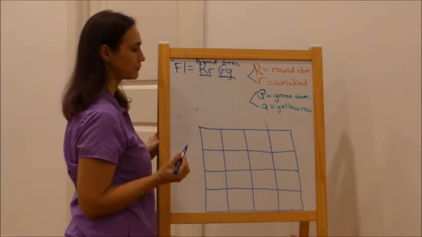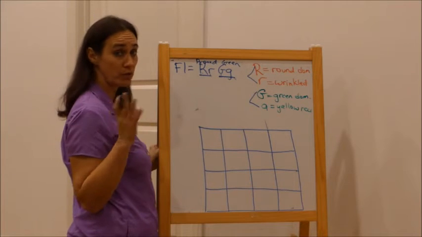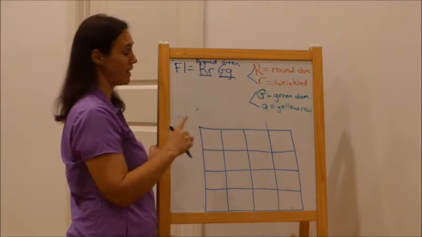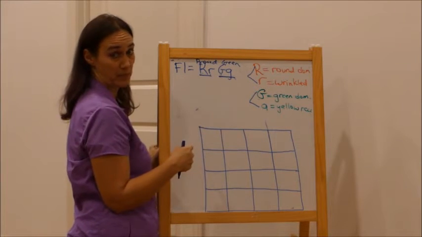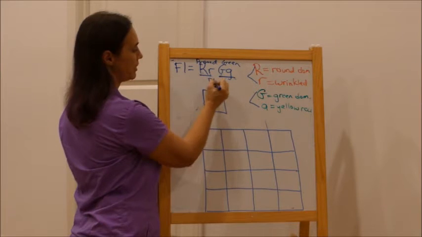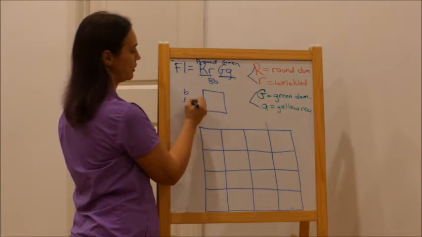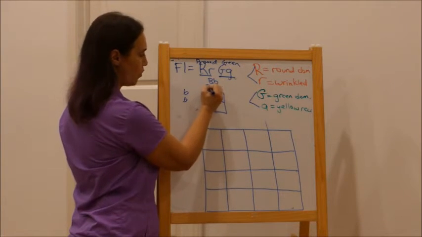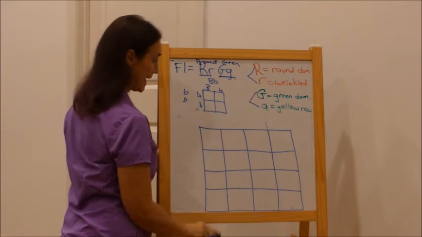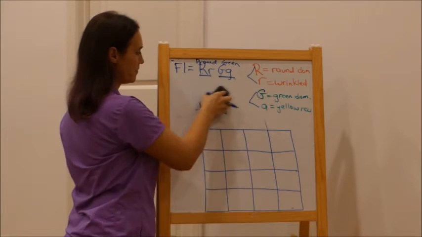Okay. Remember, just like when we were doing our old Punnett squares, only one allele for each trait can go up top. Remember how when we had one parent was big B, and one parent was little b, right? One here, one here. Same thing, okay?